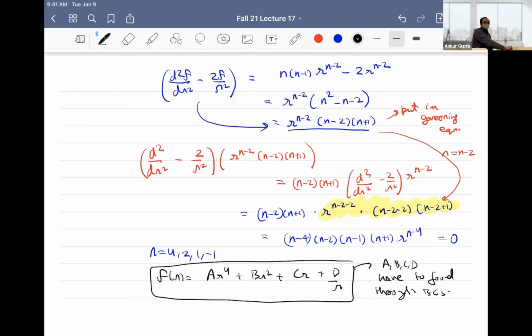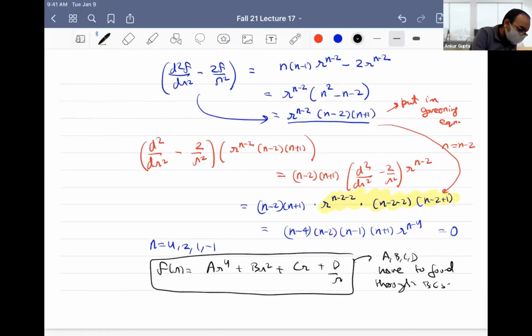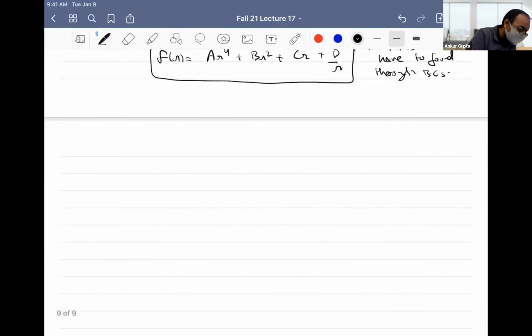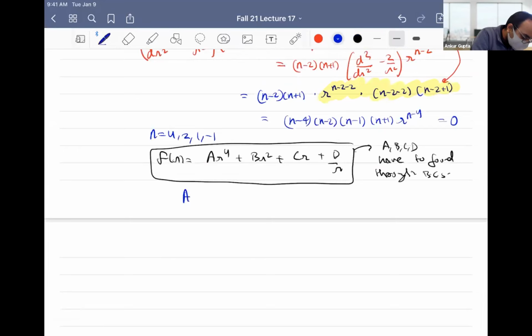Okay. So you can find A, B, C, and D from boundary conditions. I will just give you the results. A is 0. It's not very difficult to see actually. A is equal to 0. B is equal to u by 2. C is equal to minus 3u R by 4.